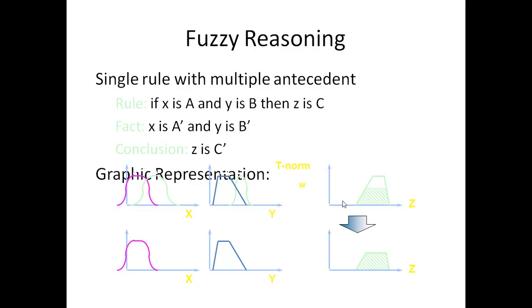If x is A and y is B, then z is C. So two conditions are given. x is A and y is B, then we are finding the conclusion z is C. So the fact is x is A and y is B. The conclusion is z is C. So these are the graphs given as shown in the figure. So you find the result z.